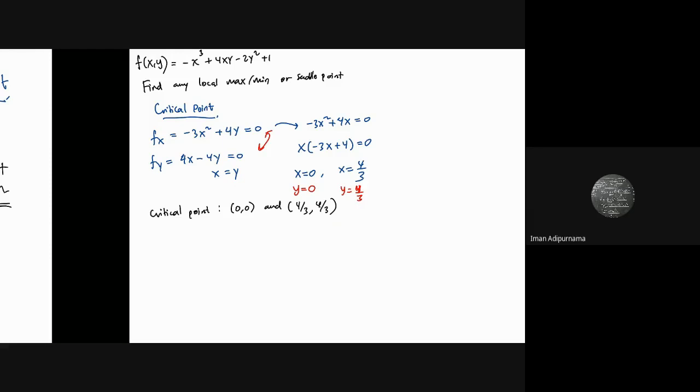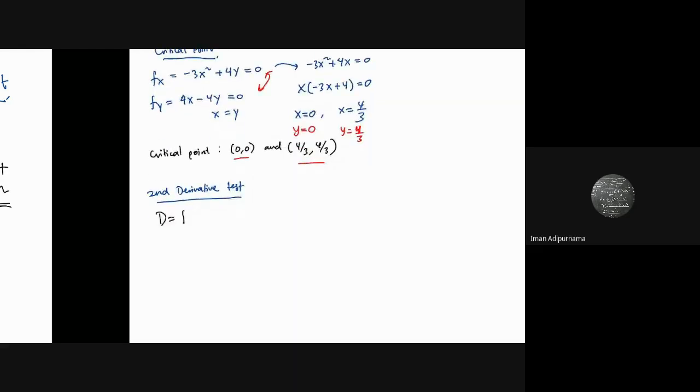Okay. But how do we know if this is a maximum or minimum? We need to do the second derivative test. Let me write the determinant. Now we can write the partial x: this will be -6x.